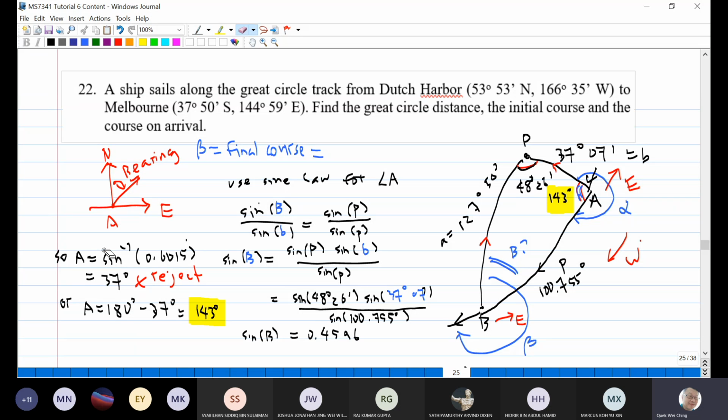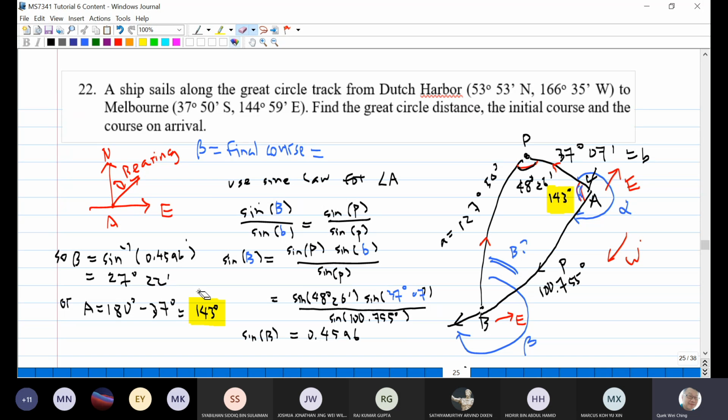So you can find B now. Sine B is 0.4596, agree? And you find out what this angle is now. This angle is 27 degrees, 22 minutes.